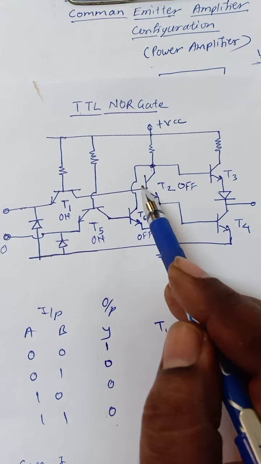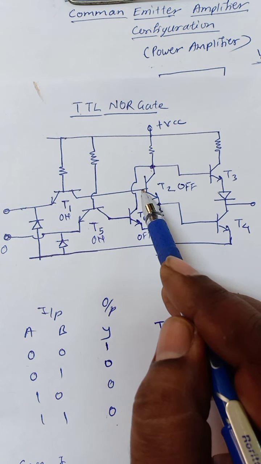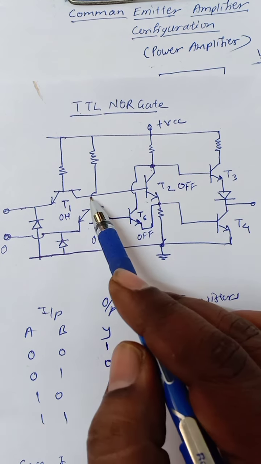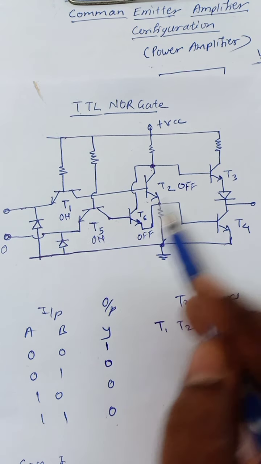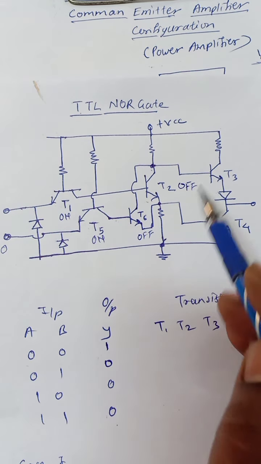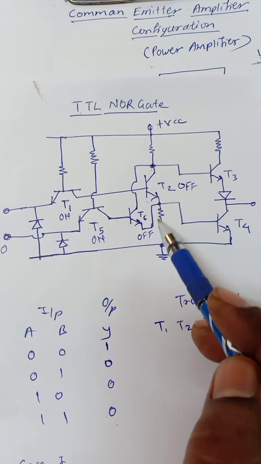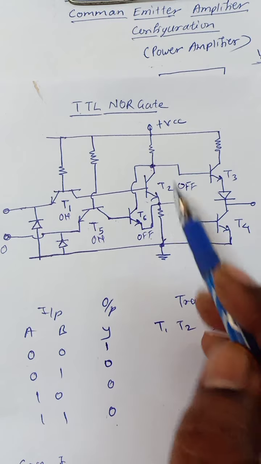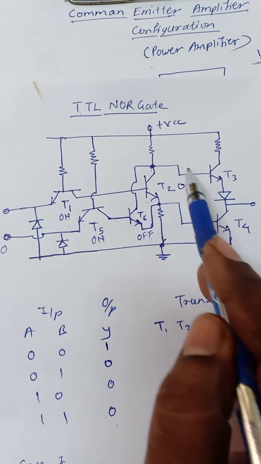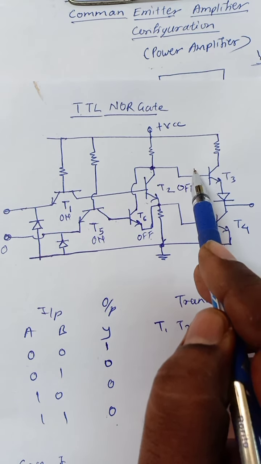Because of that, the base voltage of this transistor and this transistor decreases, since the collector voltage is low here because of this on state. So you should know the working of a transistor. T2 and T6 are both in the off state. As these two are off, the high voltage is applied here.